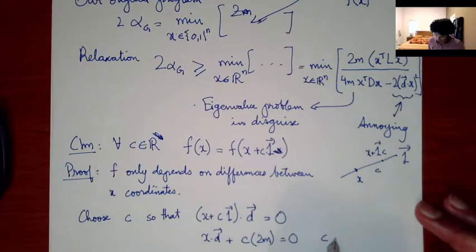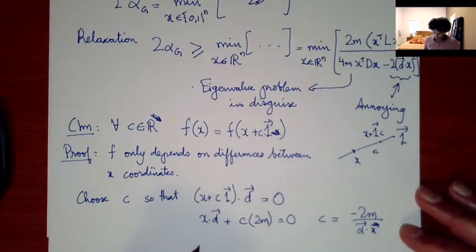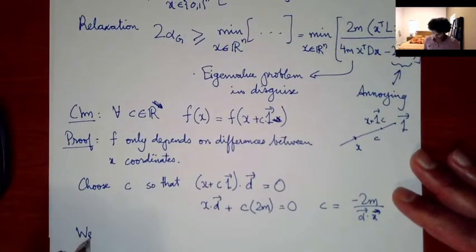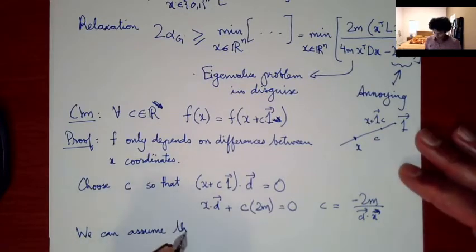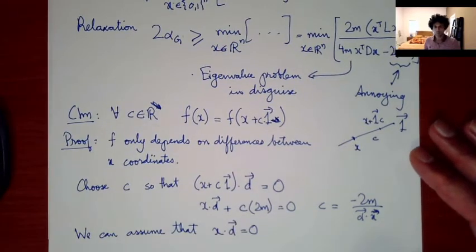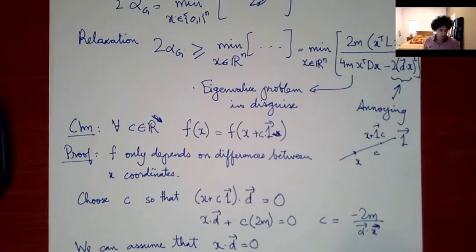So you just set c to be equal to minus x dot d divided by 2m, unless it was already 0. So what this means is we can assume that x dot d is equal to 0. We can just assume that it's going to be equal to 0.